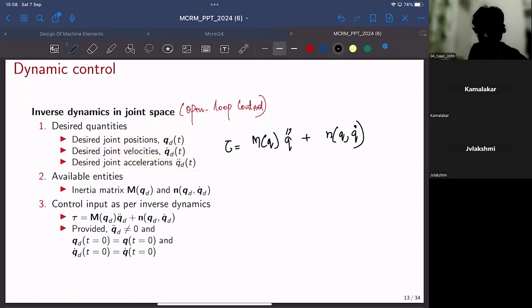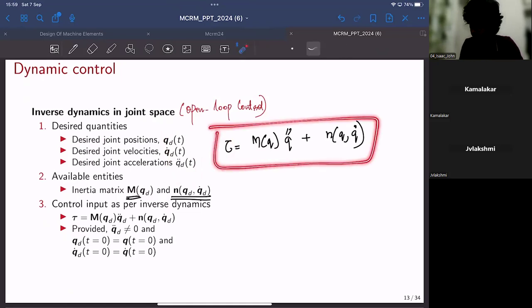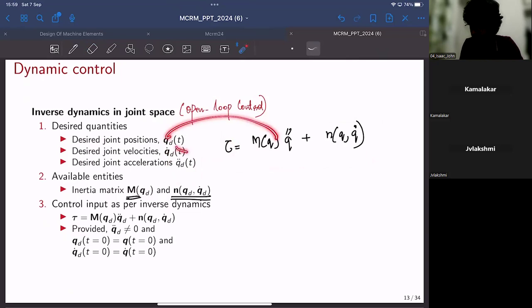We have the inertia matrix because by now we know how to derive the dynamic model of a robot. We have the inertia matrix, and the centrifugal and Coriolis effects matrix. Our objective is to find the control input torque so that the robot tracks these desired trajectories. The simplest thing to do is that, instead of this general q dot and q double dot, we can simply plug these into this equation.